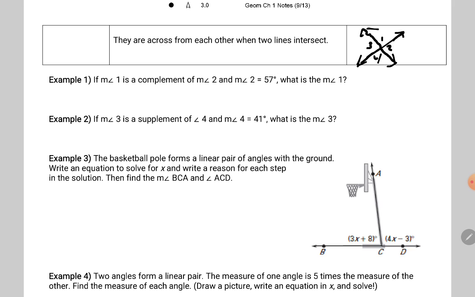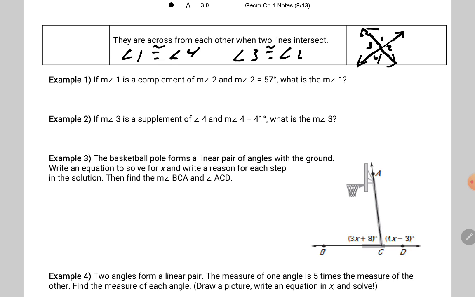Angles on the opposite side are called vertical angles. And what's special about them is that they're congruent. Angle 1 is congruent to angle 4. And angle 3 is congruent to angle 2. Okay?